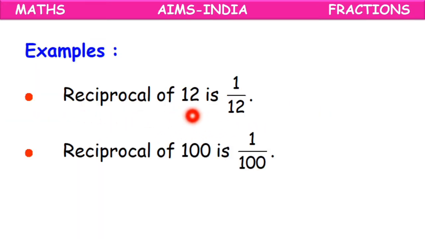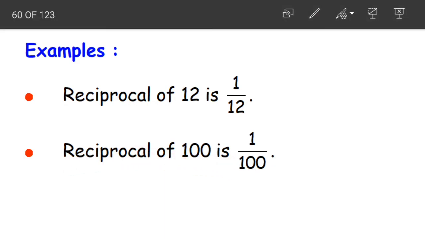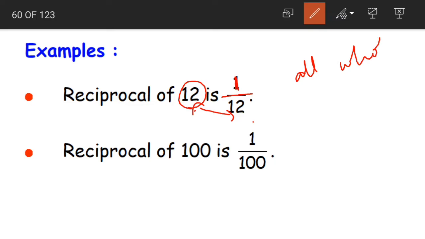Example, reciprocal of 12 is 1 by 12. Yes, and reciprocal of 100 is 1 by 100. So what should you understand here? For a given whole number, the reciprocal would be 1 divided by the whole number. And this is applicable to all whole numbers except 0.